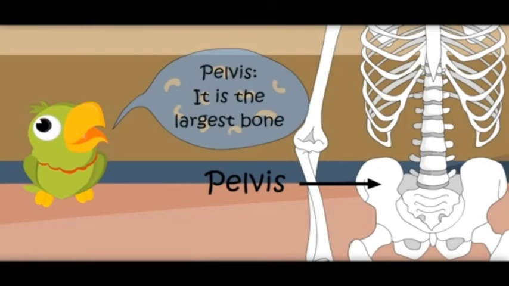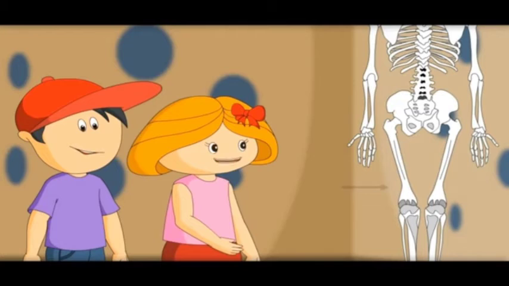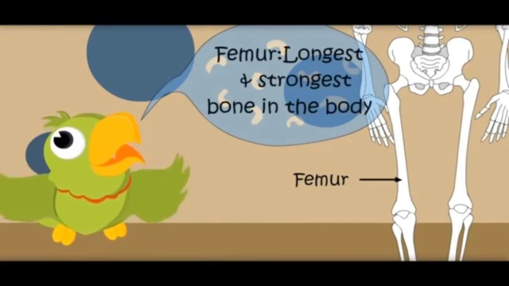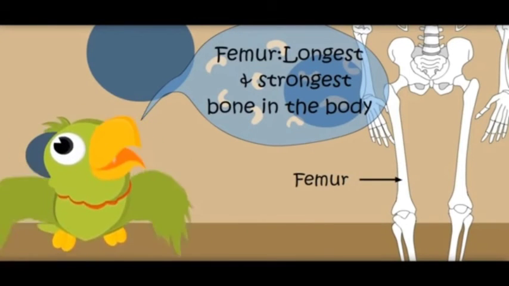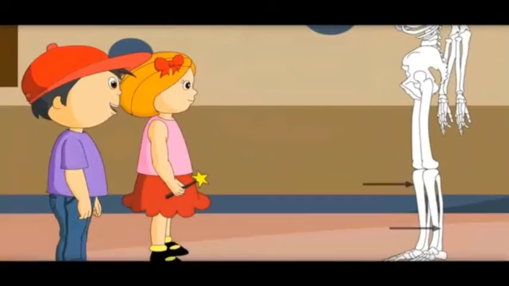Pelvis, it is the largest bone. It seems to be the longest and strongest bone of the body. You're right. This is the femur. This is the longest bone in the body. Femur, longest and strongest bone in the body.